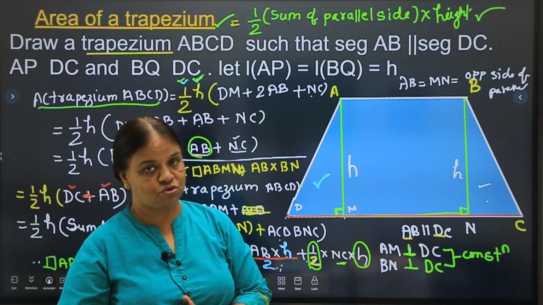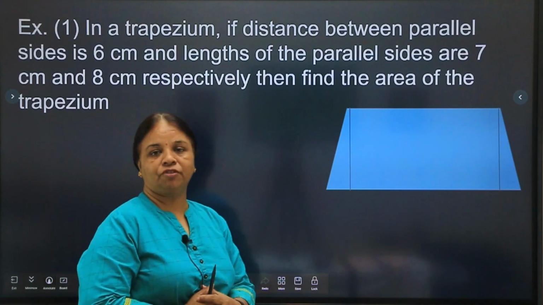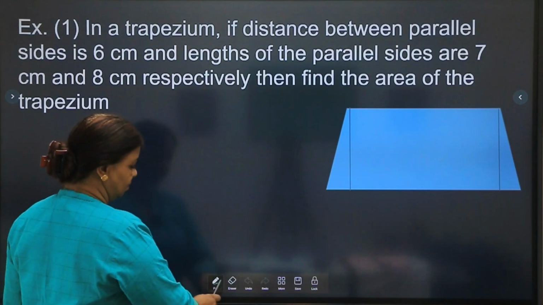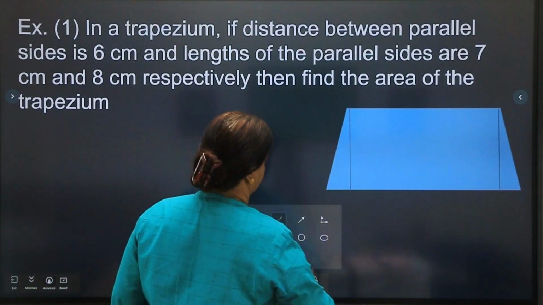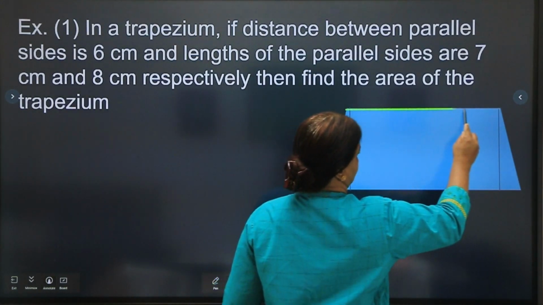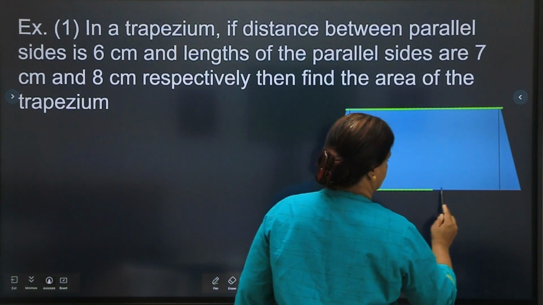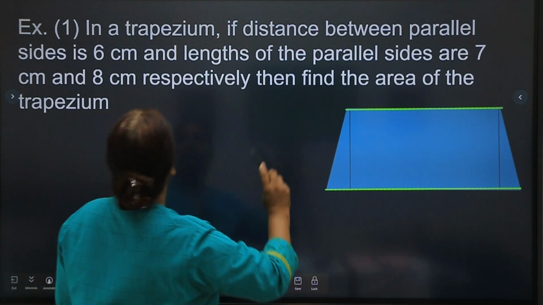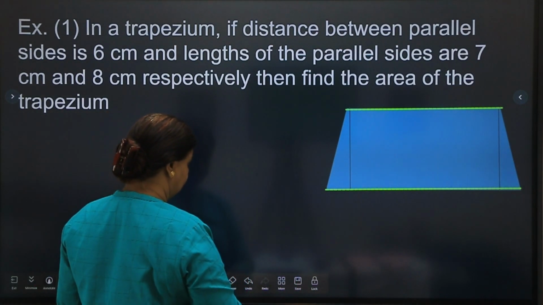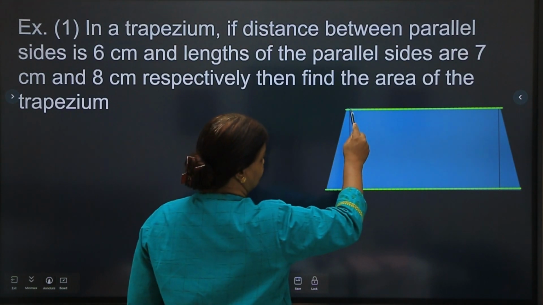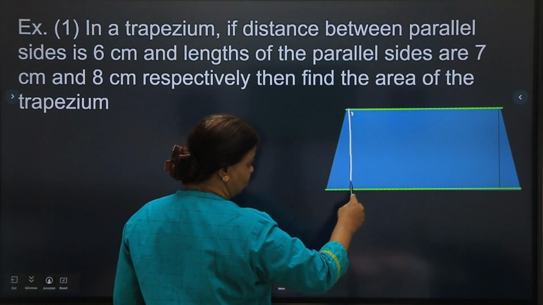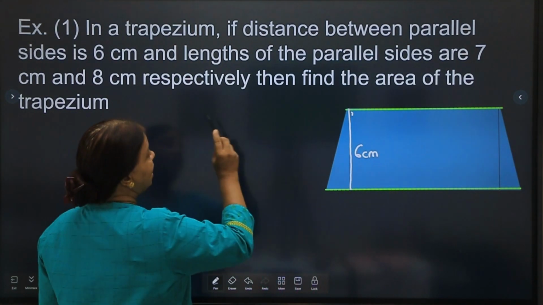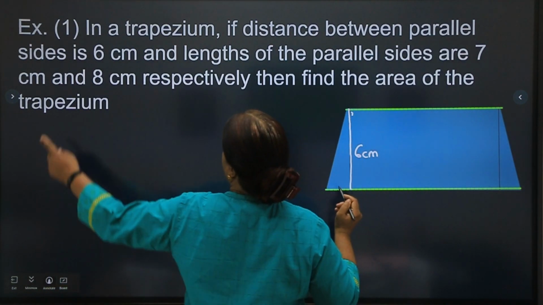Now let us move to the next question, children, which is a solved example from your textbook. In a trapezium, this is the figure of a trapezium, two sides are parallel. If the distance between the parallel sides is 6 centimeter, this is the distance between the two parallel sides, and the lengths of the parallel sides are 7 and 8.